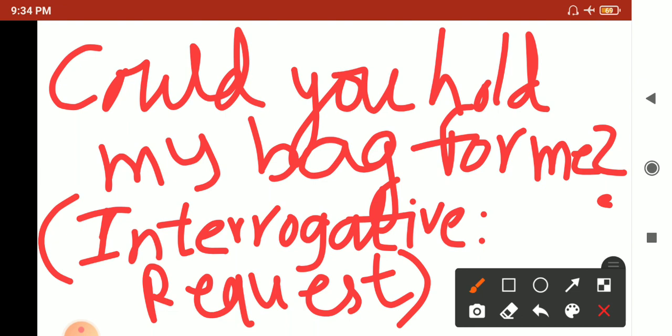It is a request, and therefore the relationship between the structure of the sentence and its function does not match. There is no straightforward relationship between the structure of the sentence and its intended function, and therefore this sentence has indirect speech act. Another example.